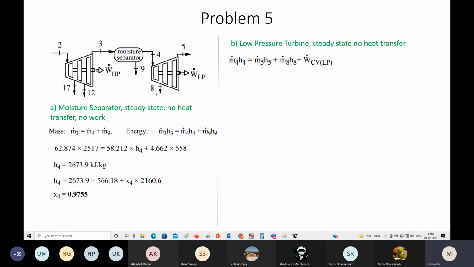This is your low pressure turbine. What is happening over here? The mass multiplied by the enthalpy at 4 is entering. Then obviously the output would be mass multiplied by enthalpy at 5, and a certain amount is going out in between. Where is it going?